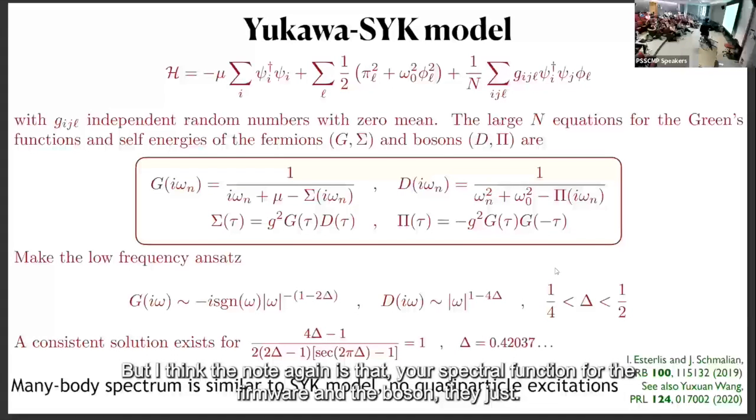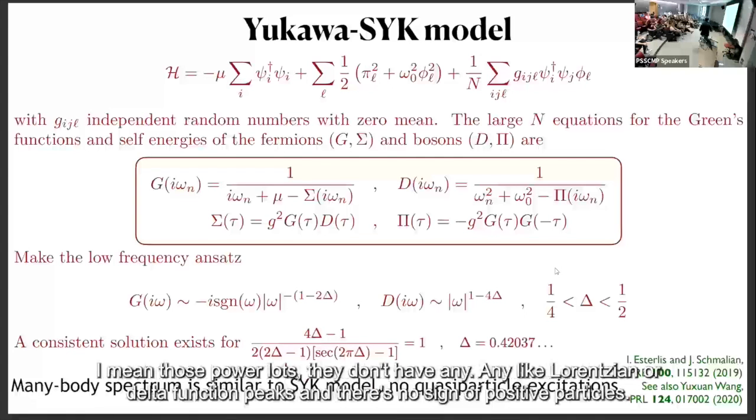But the thing to note again is that your spectral functions for the fermion and the boson are just power laws. They don't have any Lorentzian or delta function peaks, and there's no sign of quasiparticles.